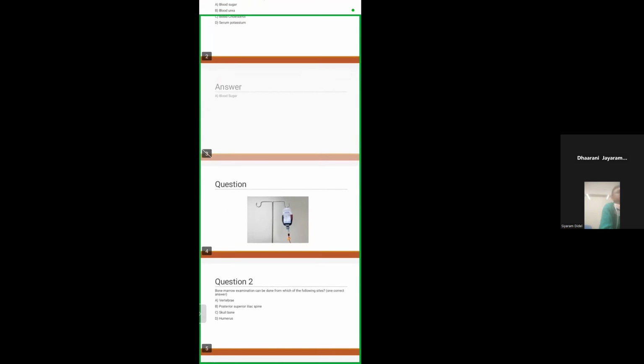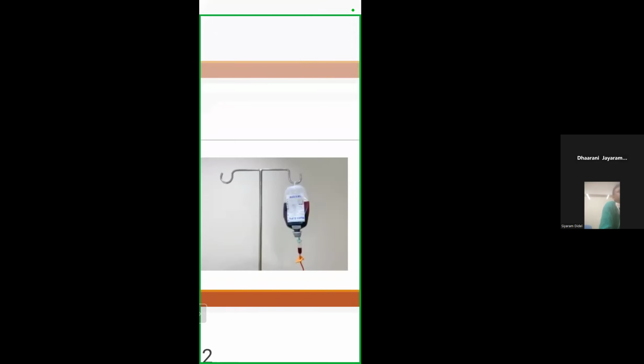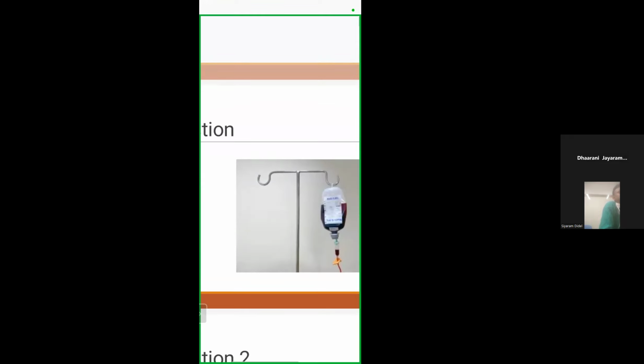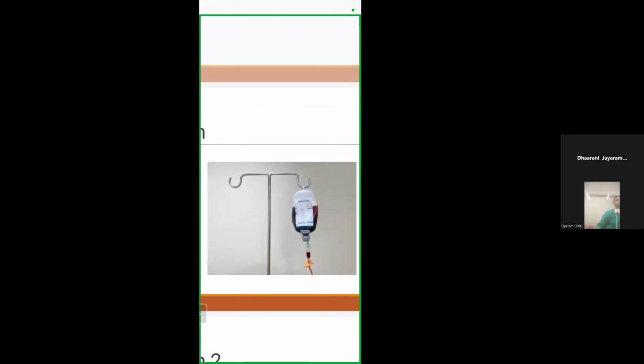Dr. Dharani, there is one answer, they are saying option B. No, that is a different question. Can you see this infusion set which is hung? That is the third question that you are seeing.